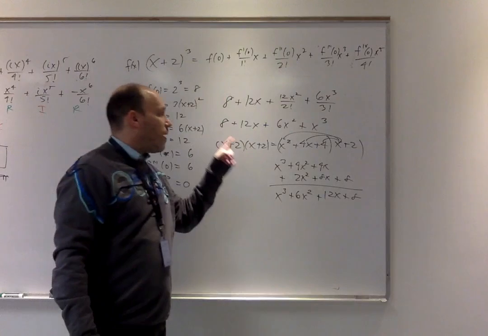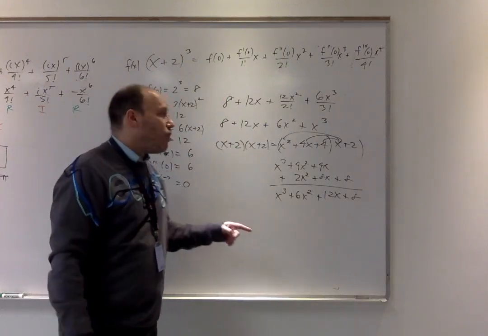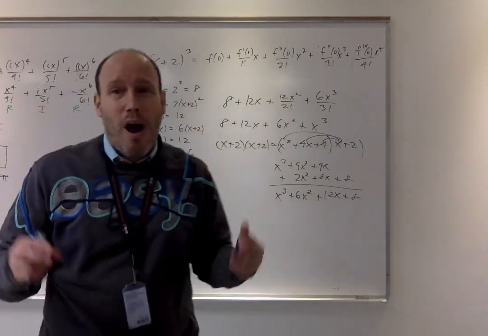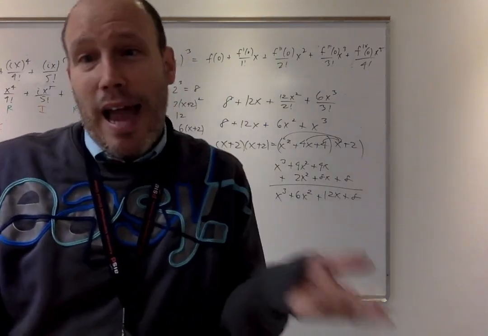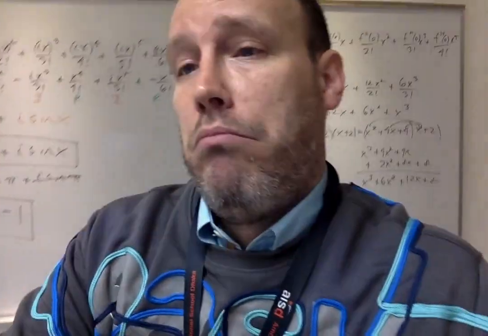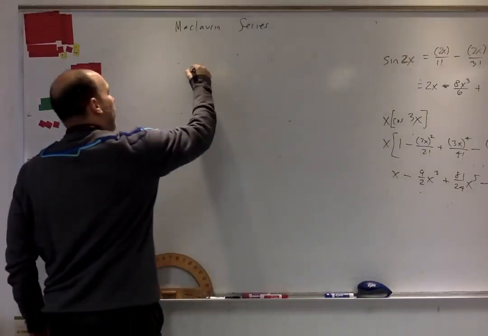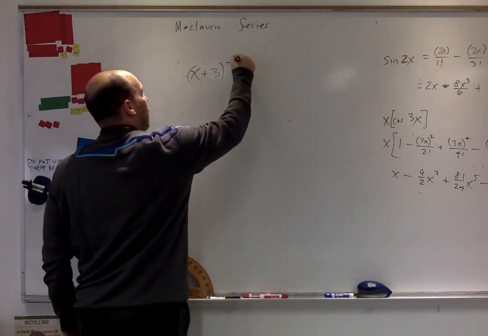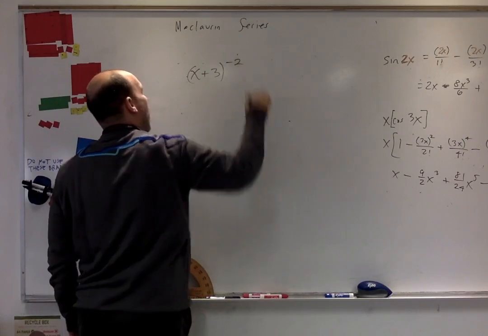And then I say to myself, if I can do that with positive exponents, there's absolutely no reason why I can't do it with negative exponents and fractional exponents. How about x plus 3 to the negative 2 power?